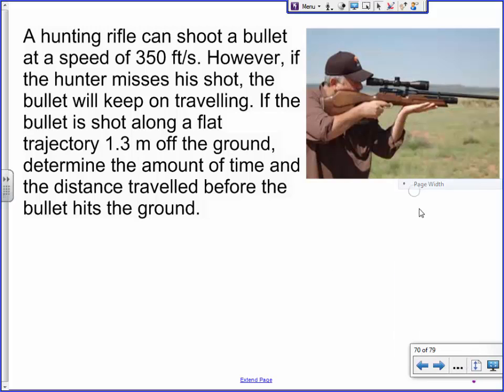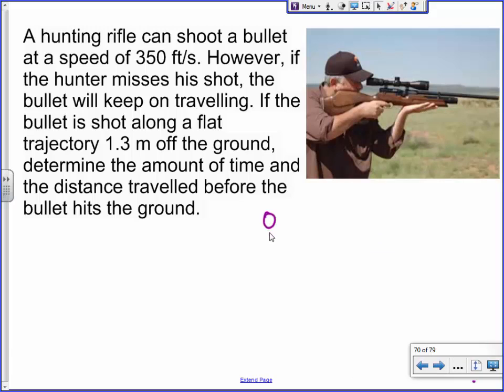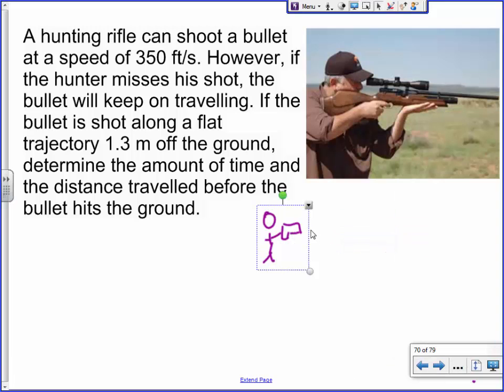Let me see if I can draw this a little bit better. Here's a person with a gun. I can't draw very well, so it's a handgun today. And they try to aim at what they think is their target, and they draw it straight. Come on, this new board is taking me a while to get used to. They think they're shooting it straight, right?